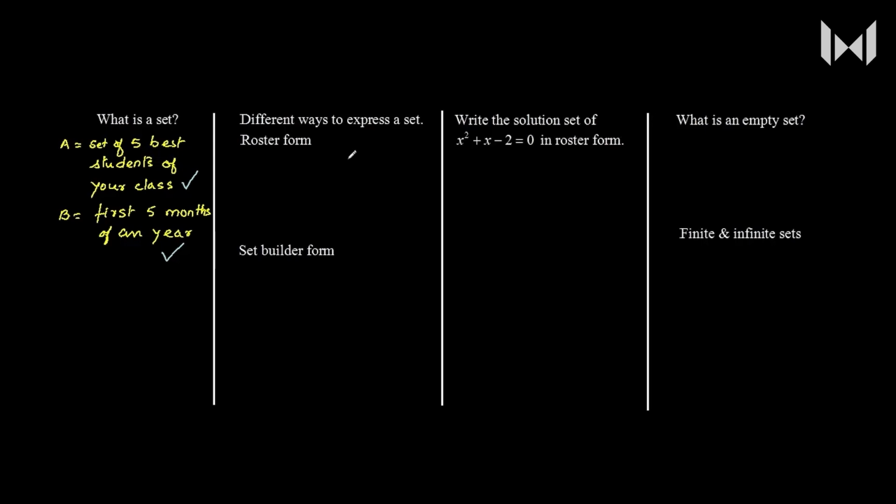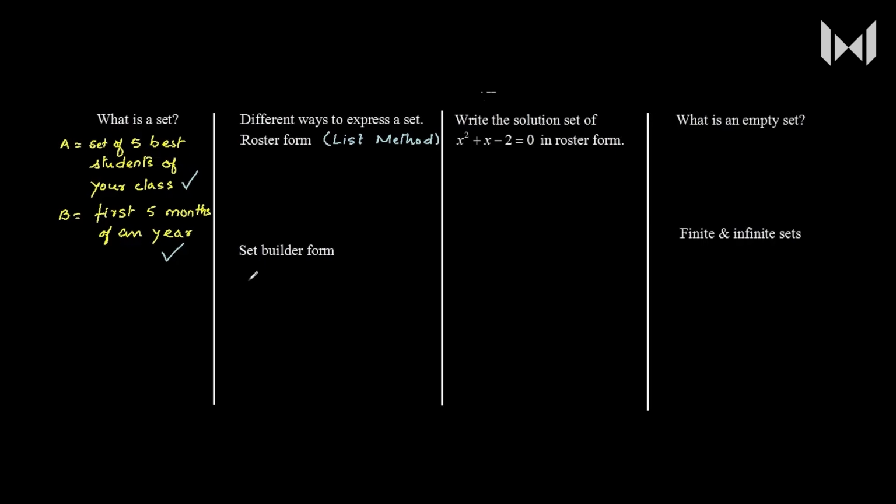Now, different ways to express a set. One is the roster form, which we also know as the list method. And the second one is the set builder form. In the set builder form, we define the properties of the variable. In the roster form, we write all the elements in the set.